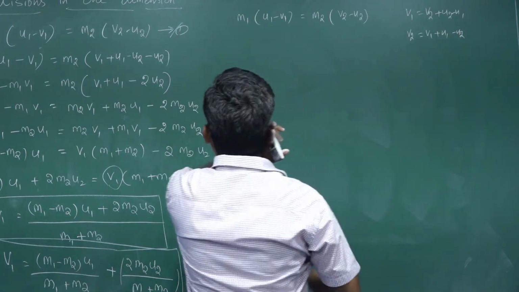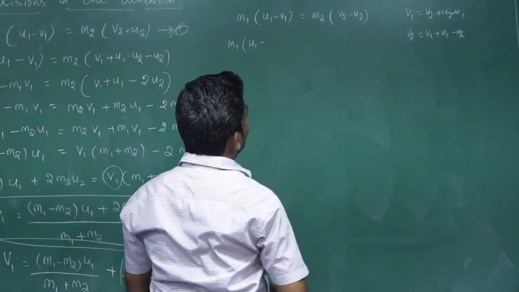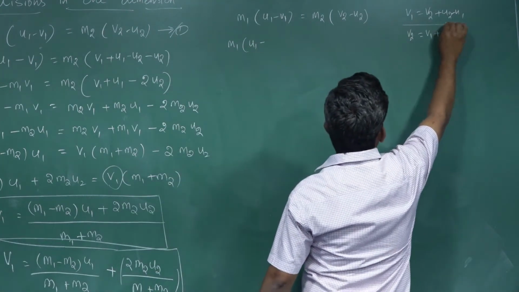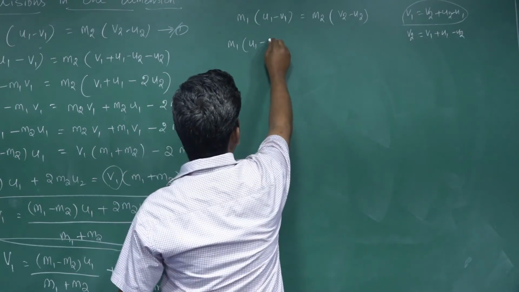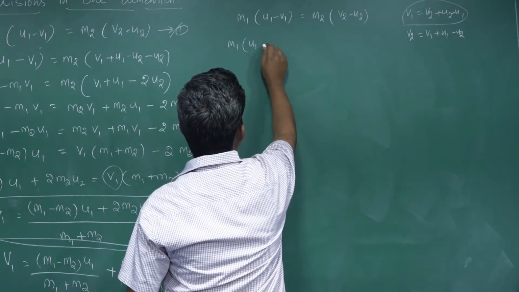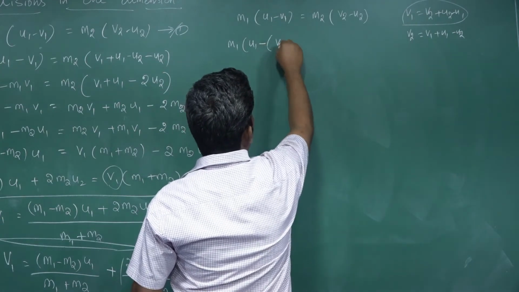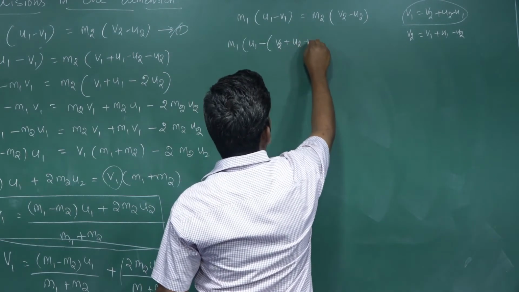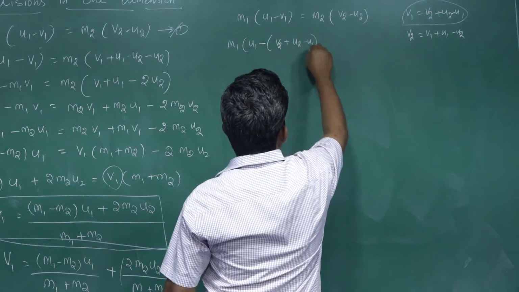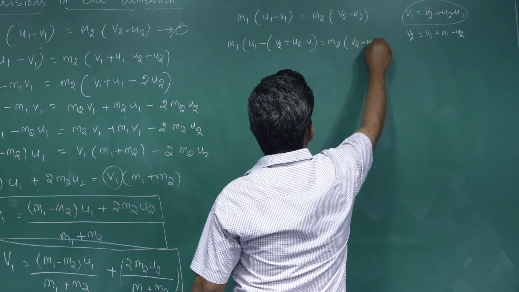So substitute the values. m1 of (u1 minus, what is the v1 value? v1 is equal to v2 plus u2 minus u1). So this term is negative: minus of (v2 plus u2 minus u1) is equal to m2 of (v2 minus u2).